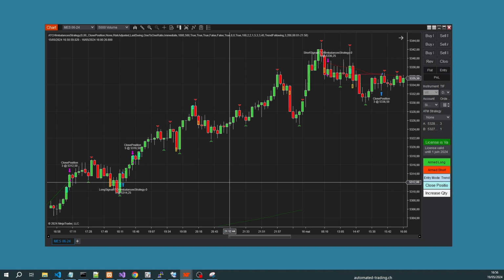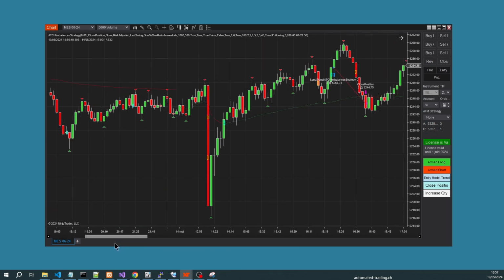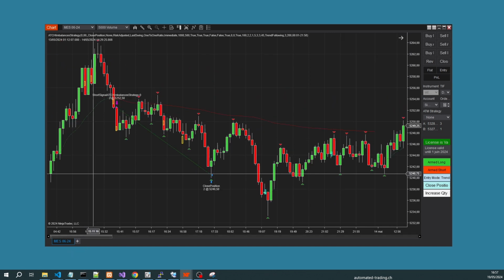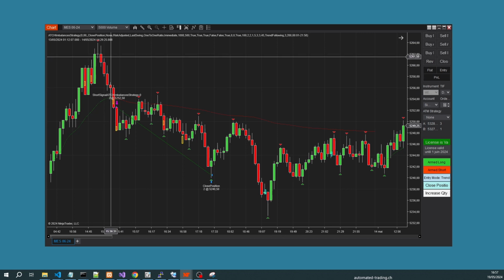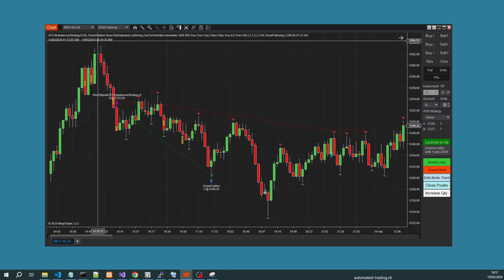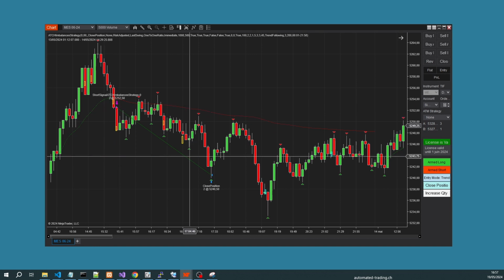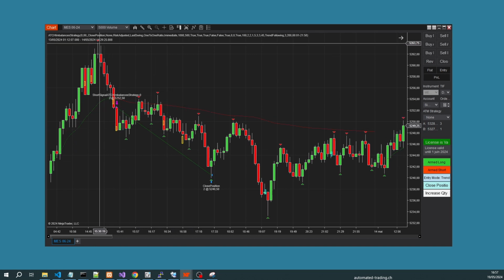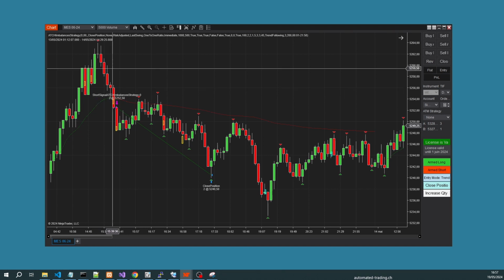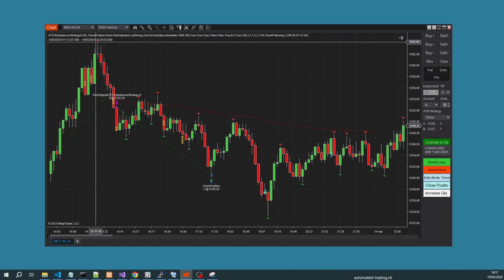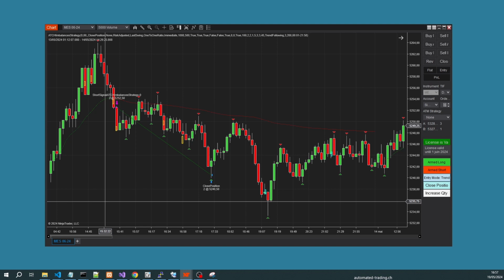Let me talk a little bit about the other filter, which is the swing filter. The swing filter will filter entries by the swings prior to the entry setup. So for example, we will only enter trades if we have two successive decreasing swings, 1, 2. Let me show you.